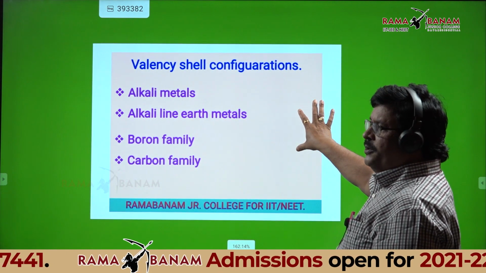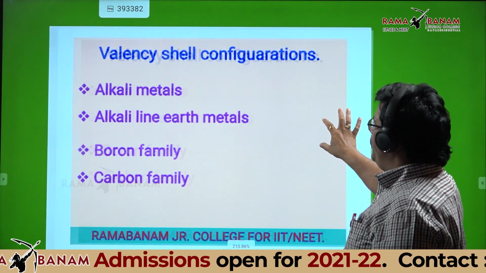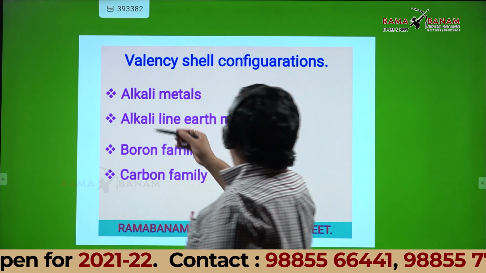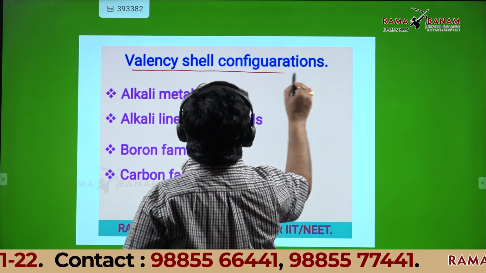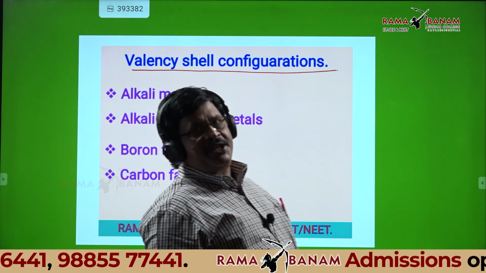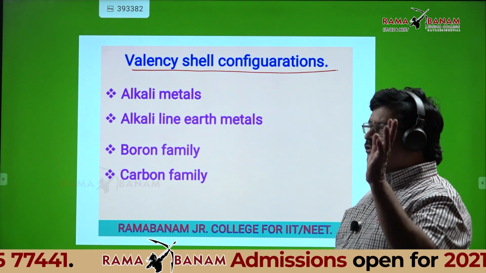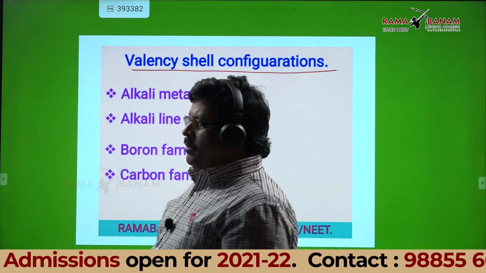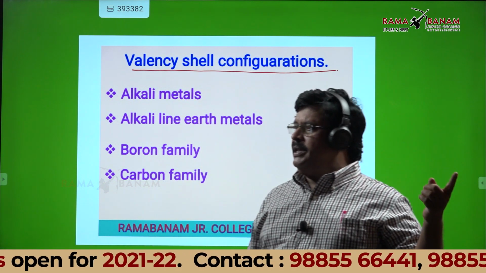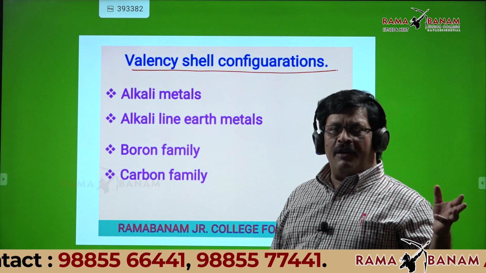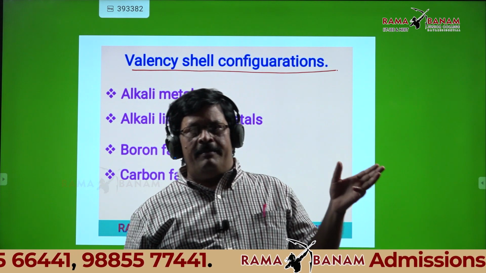See, students, look at the board, don't write anything. Valence shell configurations I want. Valence shell means outer shell configuration only. I have given 4 here. One is alkali metals, second one is alkaline earth metals, third one is boron family, fourth one is carbon family.